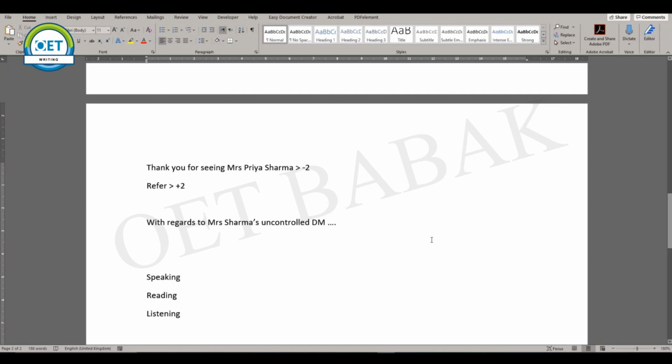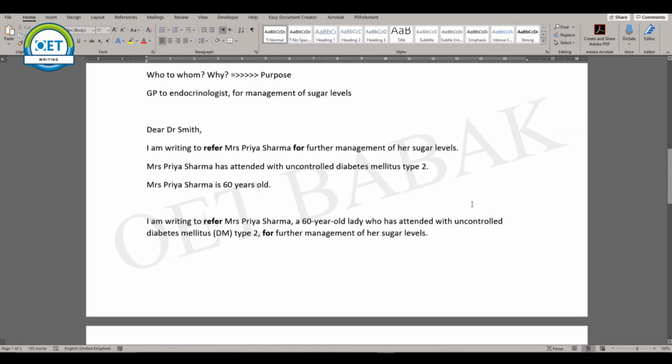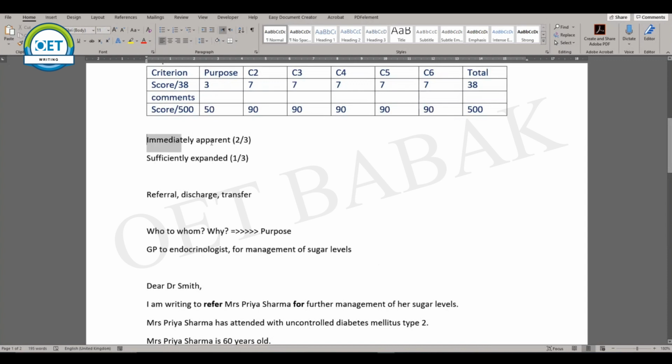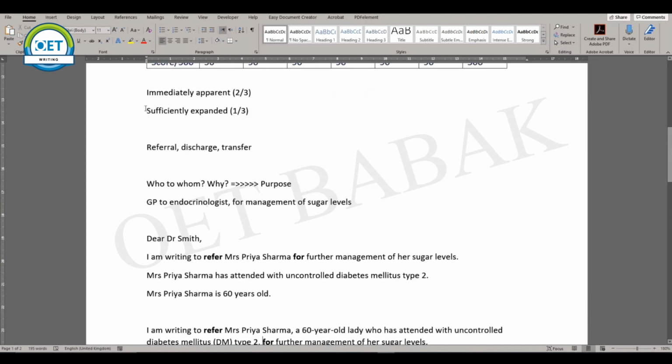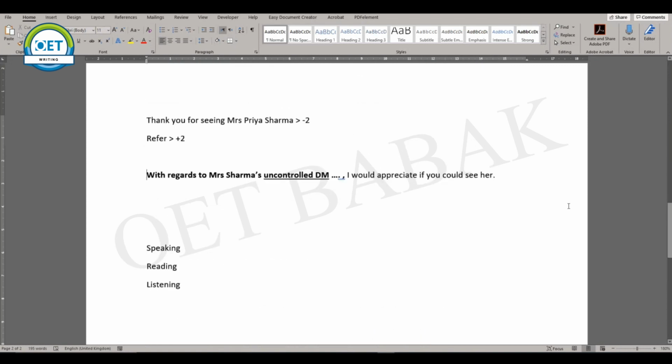You need to further explain what you mean by this, and then you say, I would appreciate if you could see her. Okay. That is the last part of the letter. And this is where we need to expand. We need to explain further why we are actually writing this letter. So basically, it is immediately apparent in the first paragraph, exactly saying, referring, and why. And sufficiently expanded on later, and that would be in the last part of the letter.